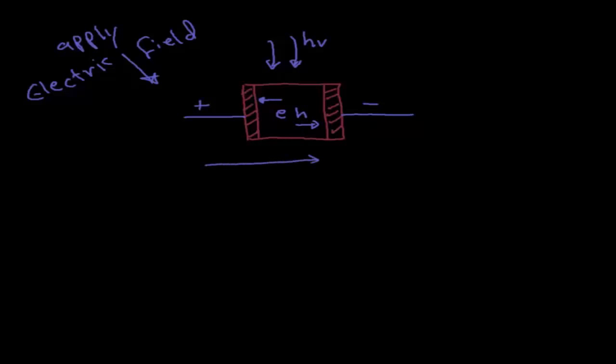And here we can see the movement under the electric field. Moreover, the current in the device is proportional to the number of electron hole pairs that are generated, which depend themselves on the intensity of the light.